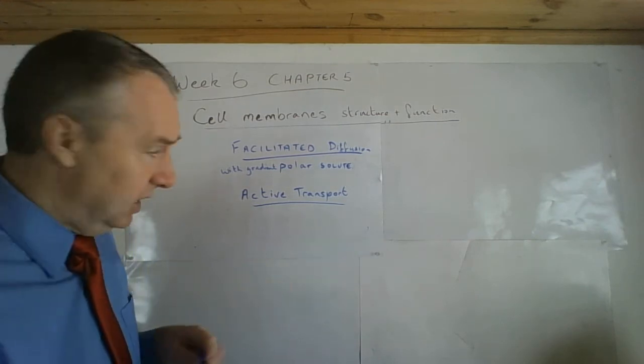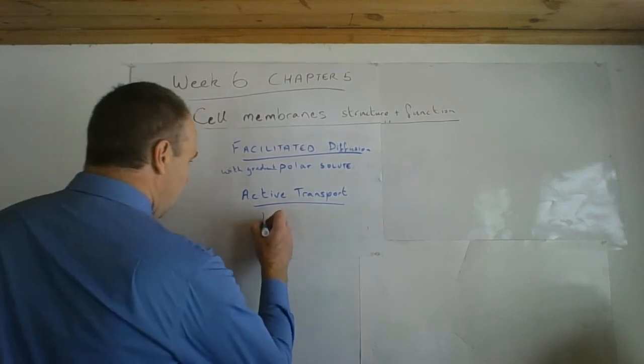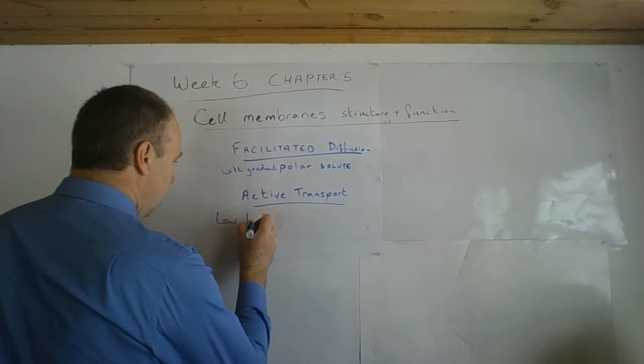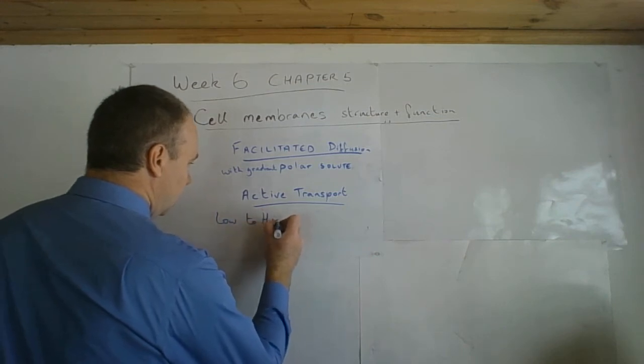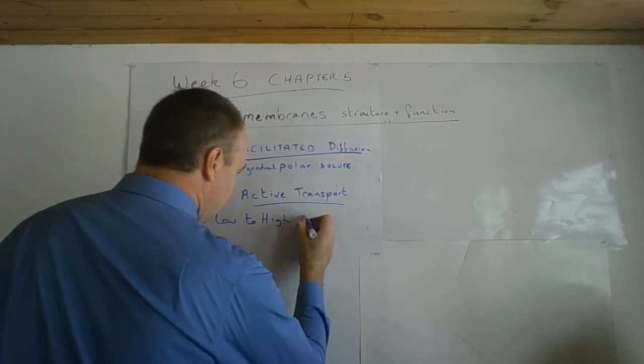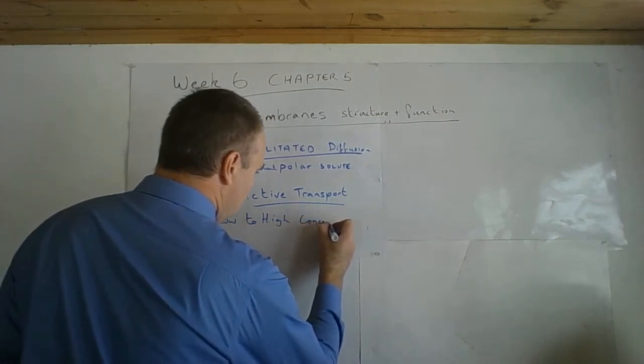Active transport is when you go from low to high. So this is pushing the car up the hill. Low to high concentration movement.